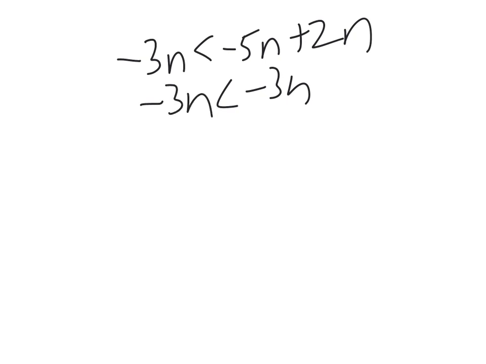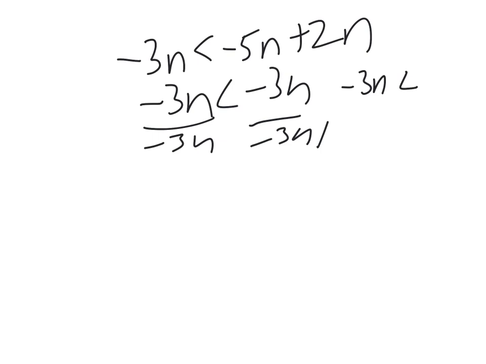Now, we have to be careful when we're combining terms. We're going to divide both sides by negative 3n, or you can just divide by the negative 3 and leave the n's.